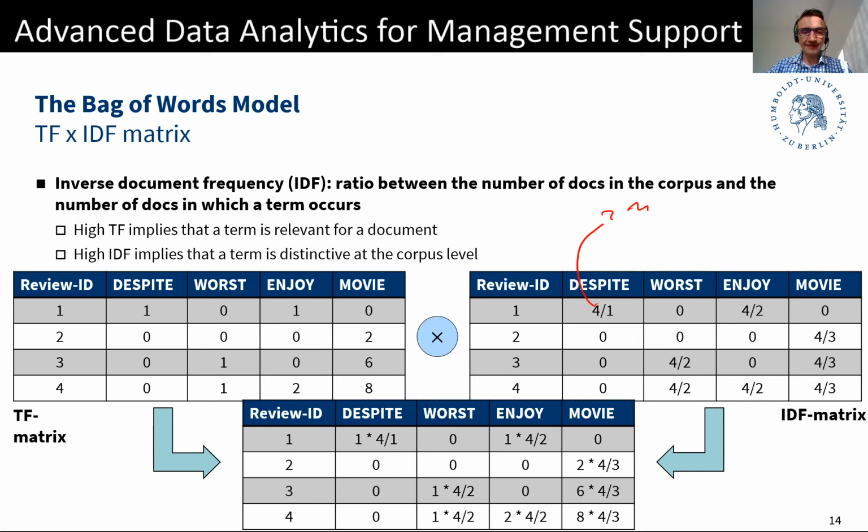The 4 is exactly the number of documents in the corpus, 4 in my example, and more interestingly, the denominator is then the number of occurrences. This 1 here, for instance, the word despite occurs in one document in the entire corpus, which is true. So this is the one document where despite occurs.